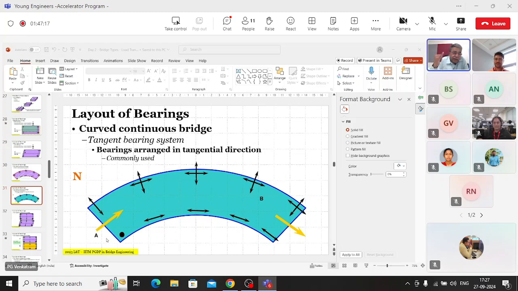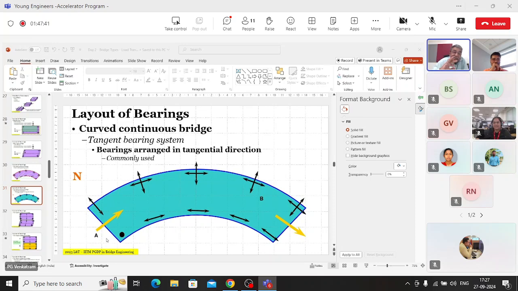Temperature is a volumetric effect. Shrinkage is a volumetric effect, correct? As long as you have a volumetric effect, for the polar radiating arrangement you will have no stresses, and for tangential, you will have stresses. You will have restraints to free movement.